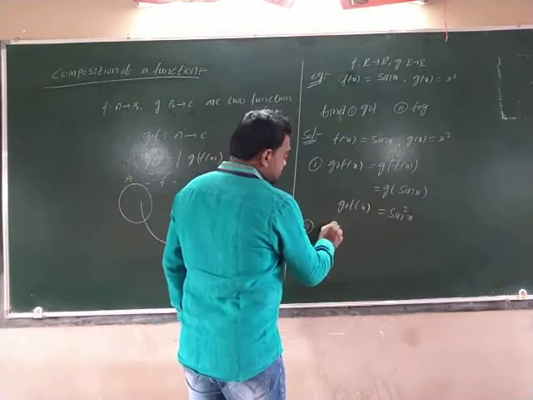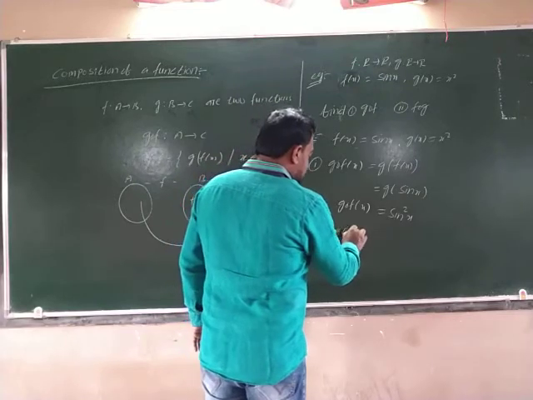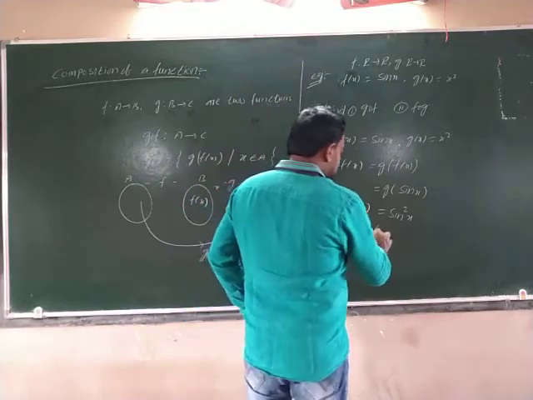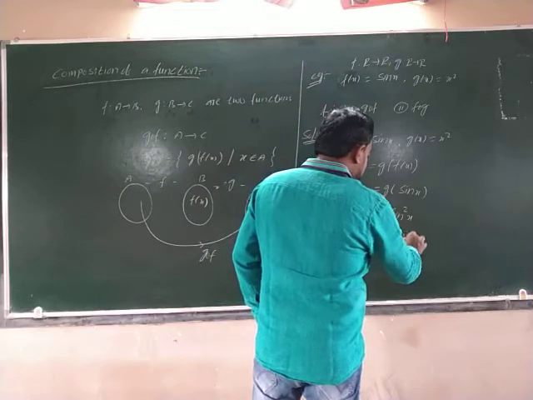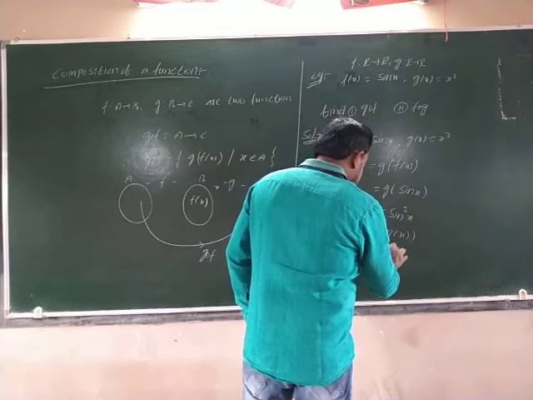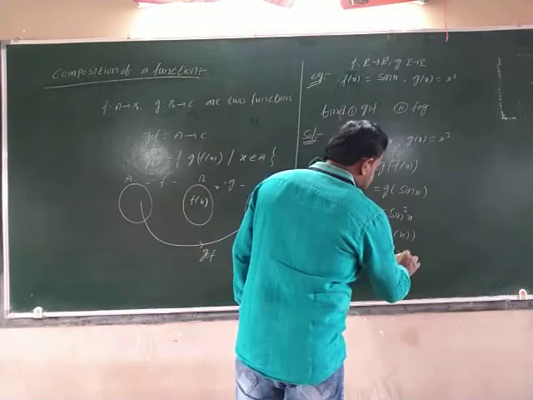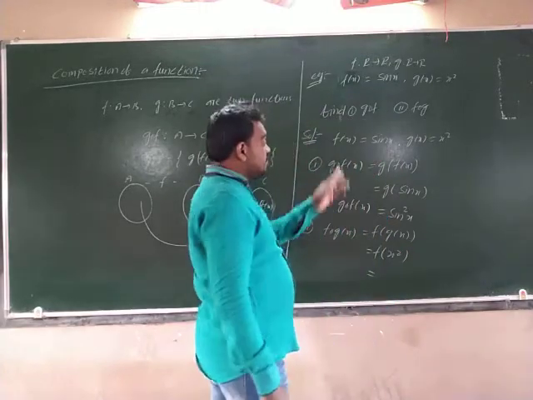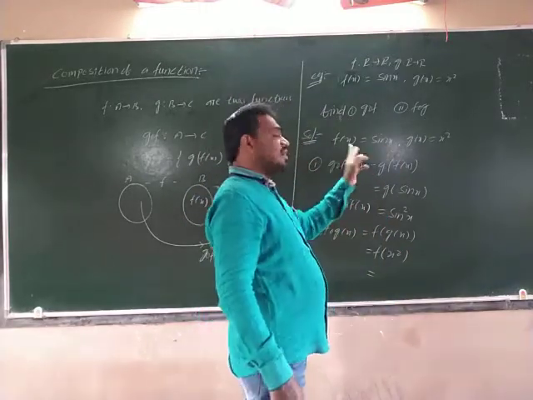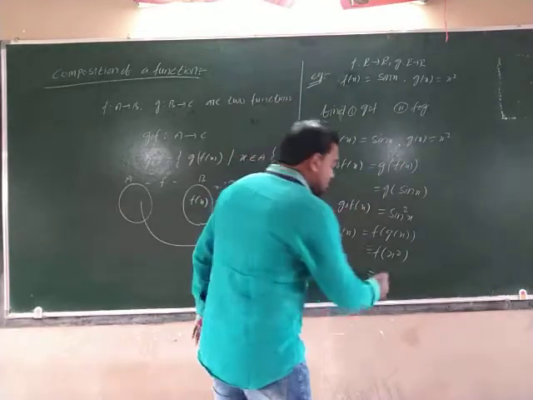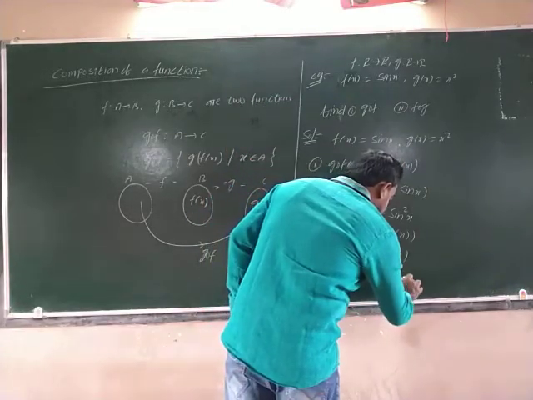Coming to the second one, f circle g of x is equal to f of g of x. What is g of x? x square. Here f of x is sin x, so f of x square is sin of x square.